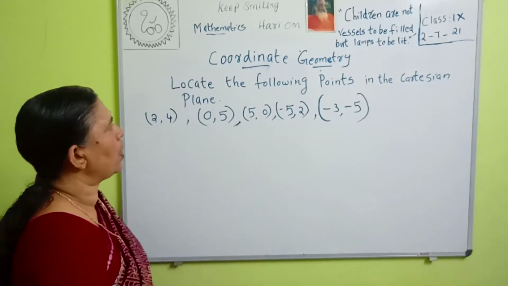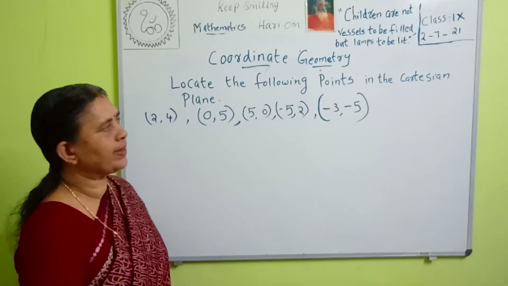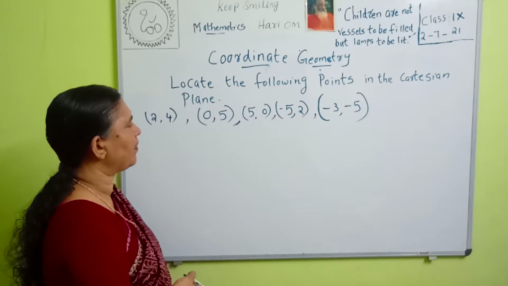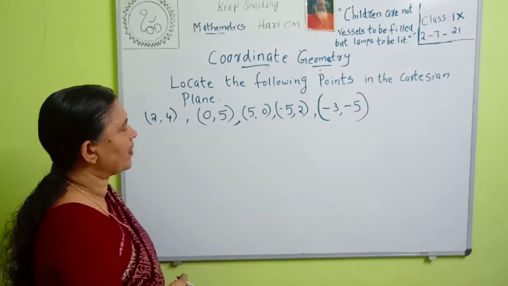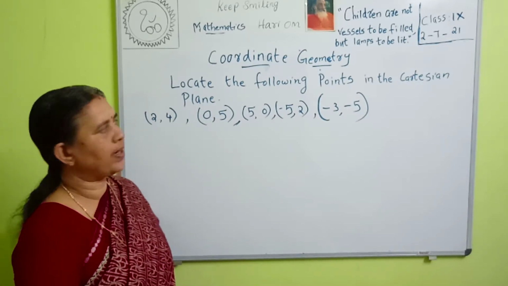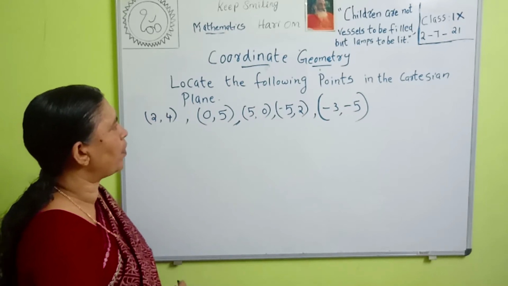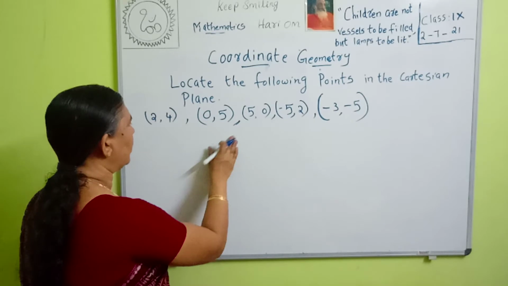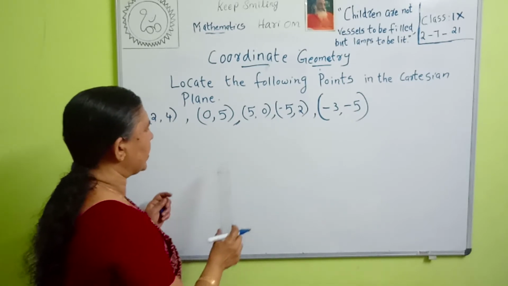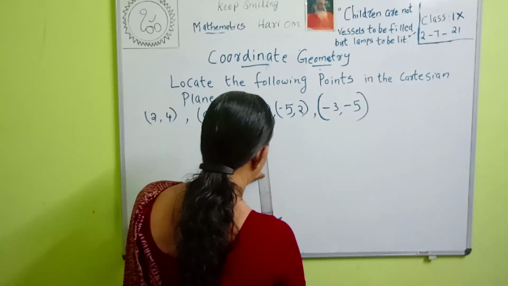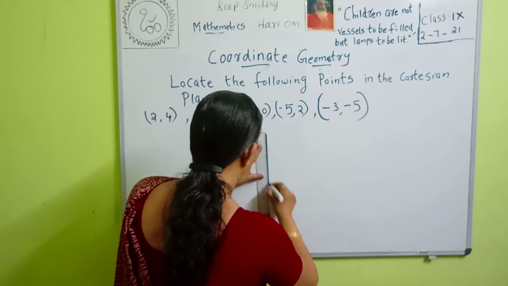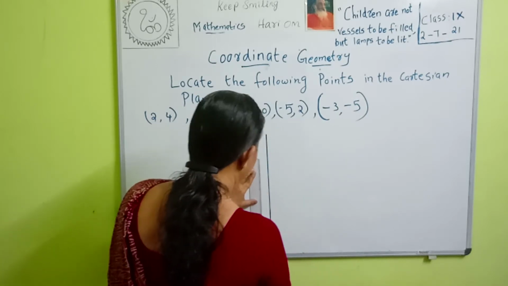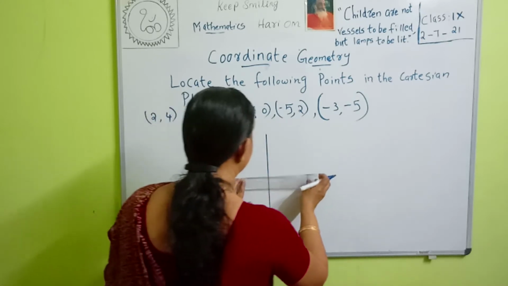Next question. Locate the following points in the Cartesian plane: (2, 4), (0, 5), (5, 0), (-5, 2), (-3, -5). We are asked to locate the following points in the Cartesian plane. So, first we have to draw two axes, the x-axis and y-axis.